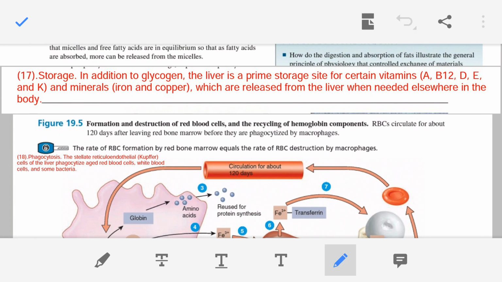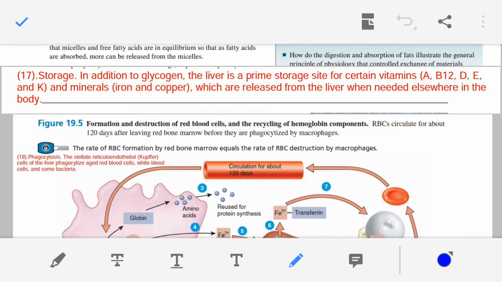Then point number 17, storage function. Glycogen is stored. Then in addition to glycogen, liver is also a very prime storage site for some other substances. Certain vitamins, for example vitamin A, B12, D, E, and K are stored in the liver.